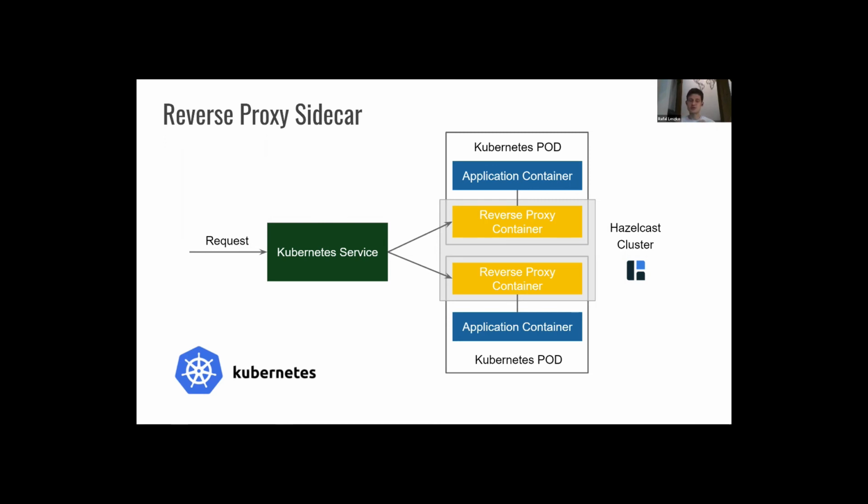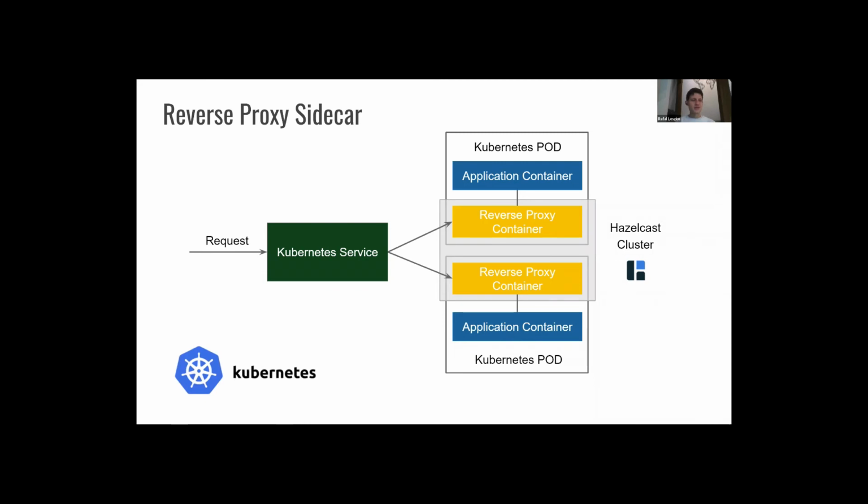If yes, it returns the response and does not even touch the application. Only if the value is not found, it's forwarded to the application. And obviously all these reverse proxy containers, the servers, form one consistent cluster.